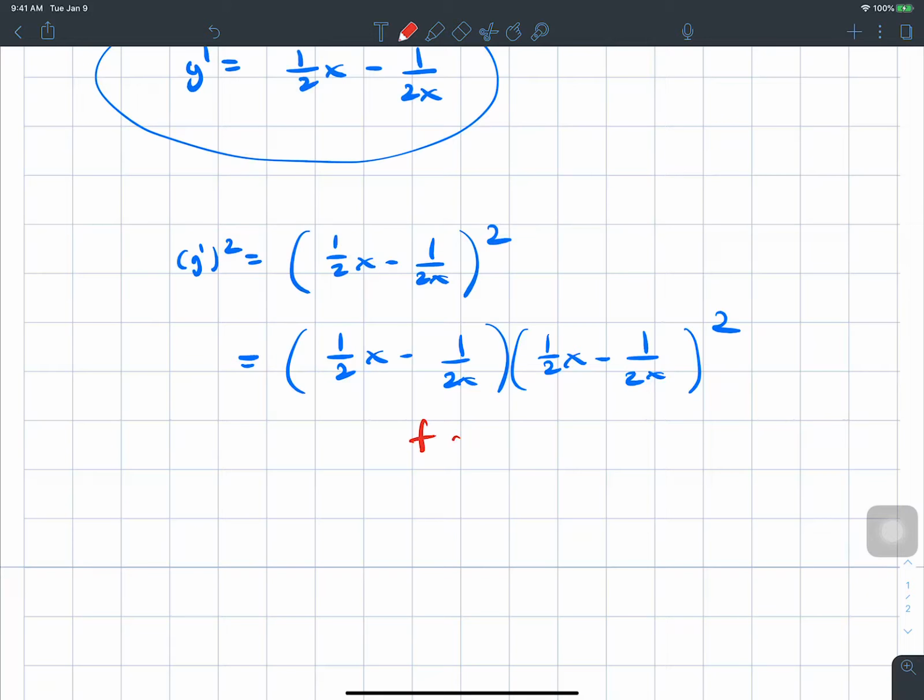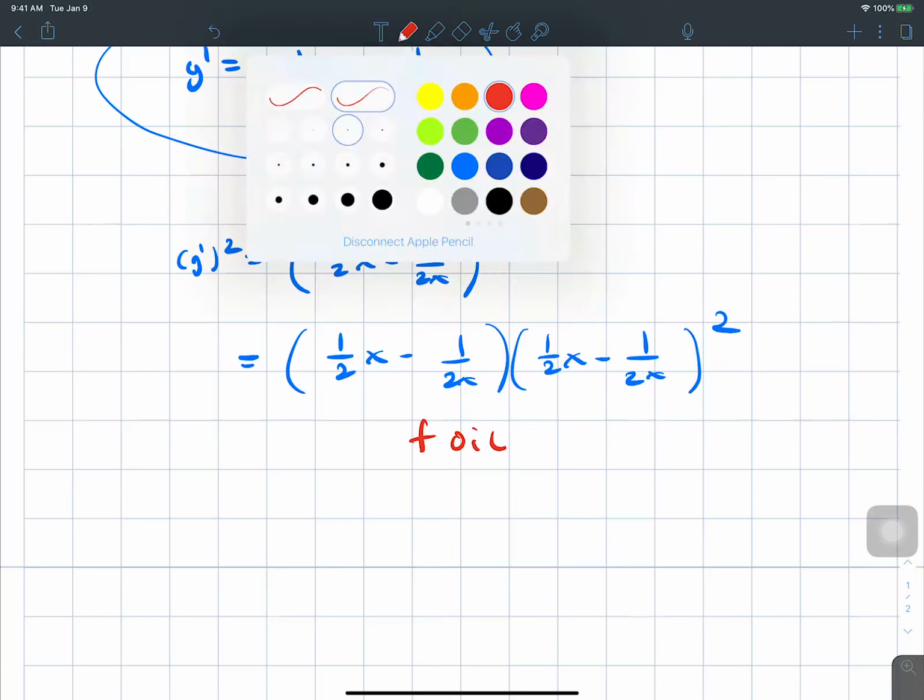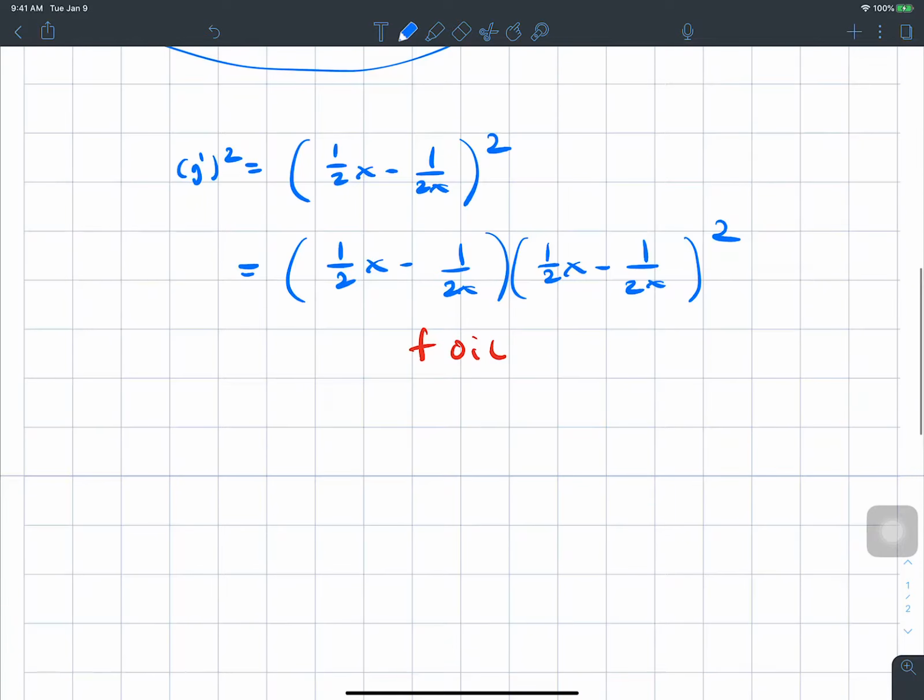FOIL. 1/4 x squared, that's the first terms. The outer terms is minus 1/4. In other words, if I multiply these two terms, I should get just a minus 1/4. The x terms cancel.